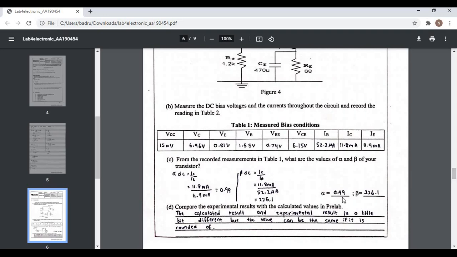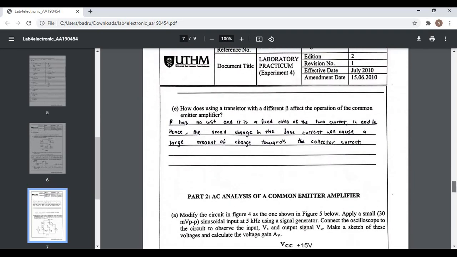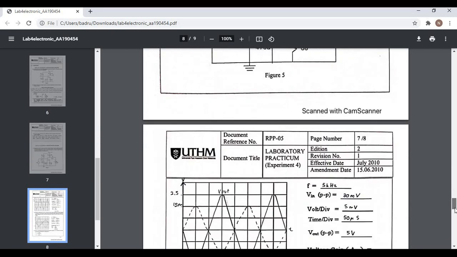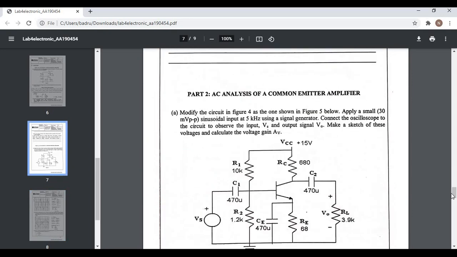Nilai alpha saya 0.99, manakala beta 226.1. Okay, seterusnya.